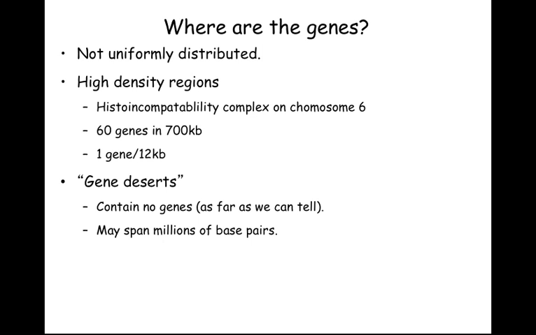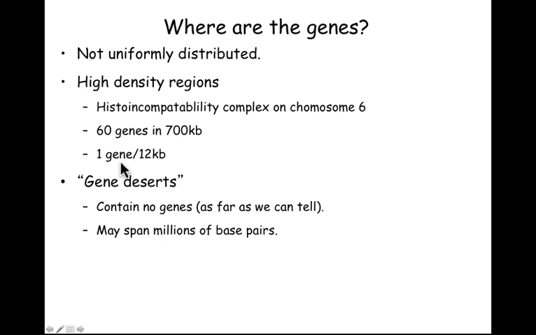So where are the genes in the genome? We have 3 billion base pairs of DNA spread across 23 chromosomes. Are they uniformly spread across the chromosomes? No, not really. There do tend to be very high density regions. The region on chromosome 6, where the histocompatibility complex is, has about 60 genes in 700 kilobases.